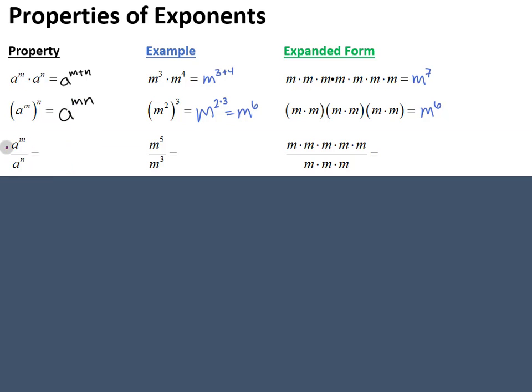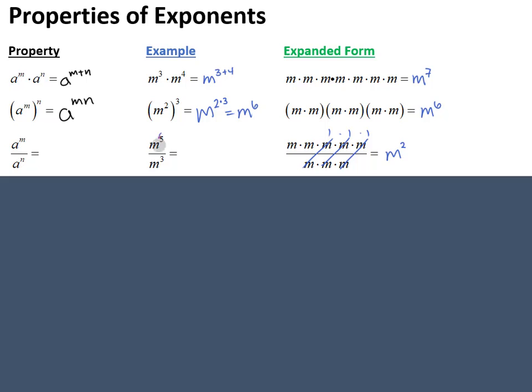Okay, for our next property, if we were dividing two things that have the same base, so m to the 5th divided by m to the 3rd, well, that would be 5 m's multiplied in the top and 3 in the bottom. And just like we can reduce regular fractions, if we have common factors between the top and bottom, we can reduce those to 1s, anything divided by itself. So we end up with just m squared.